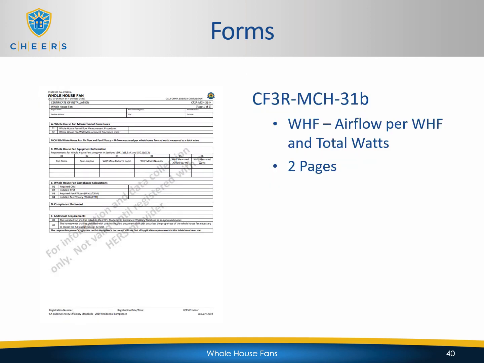The CF3R MEC 31B is when you're going to measure the airflow per whole house fan, but then list the total watts. This is where you're going to have multiple fans. So the airflows are going to be separate, but then you're going to list the total watts. This would be the case where there's multiple fans. So you're measuring the individual airflow, but say you're using the utility meter, so you're only going to get a single watt reading. So it's going to allow you to mix and match these values to get your totals.